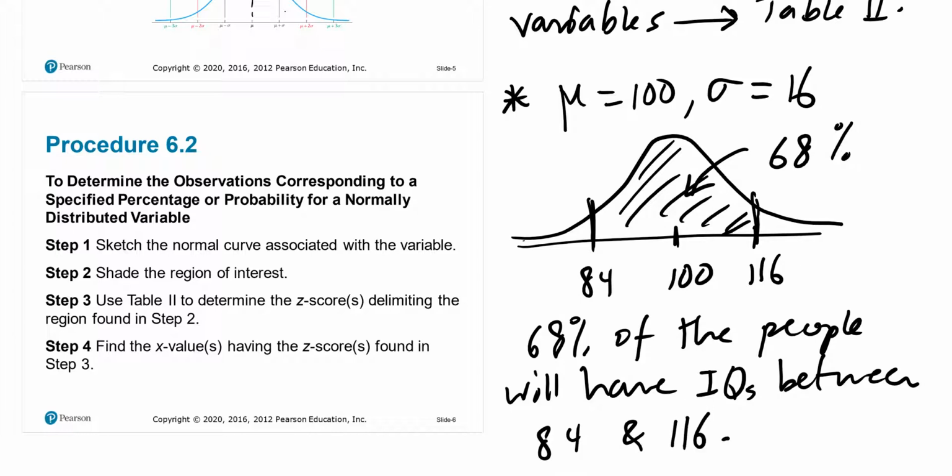That's how the empirical rule helps. If you know the mean and standard deviation, you can estimate the percentage of people whose IQ falls between two different numbers.